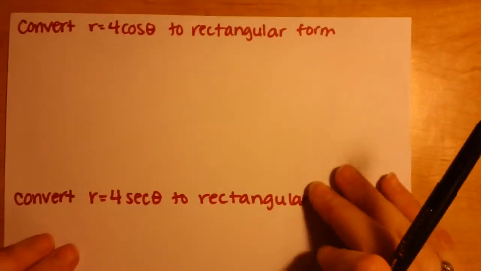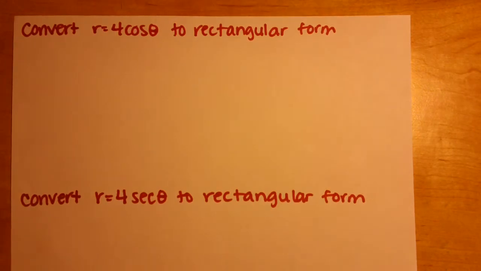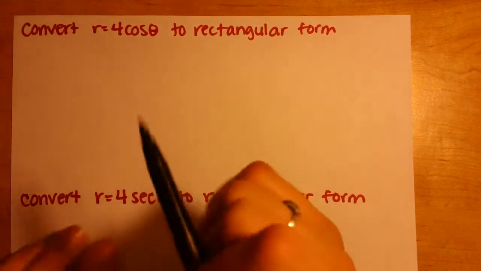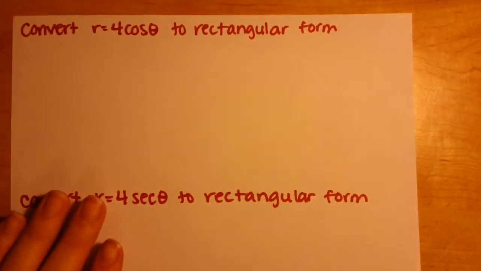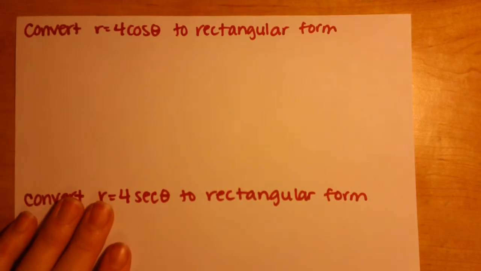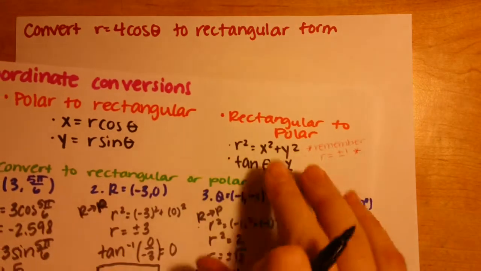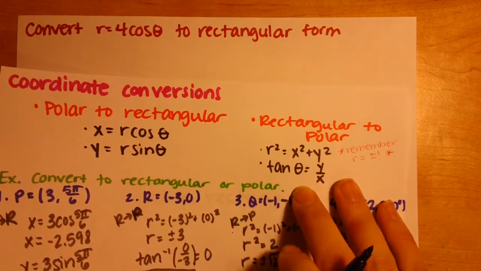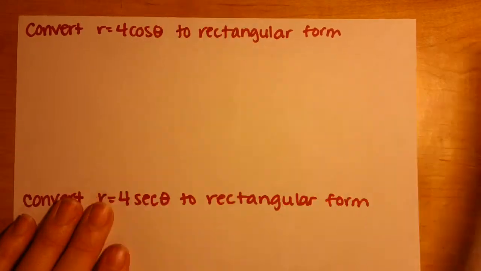So let's look at 2 more examples. We have r equals 4 cosine theta, and we want to convert it to rectangular form. So with this, we know from before that we can use these right here. We know r squared equals x squared plus y squared.